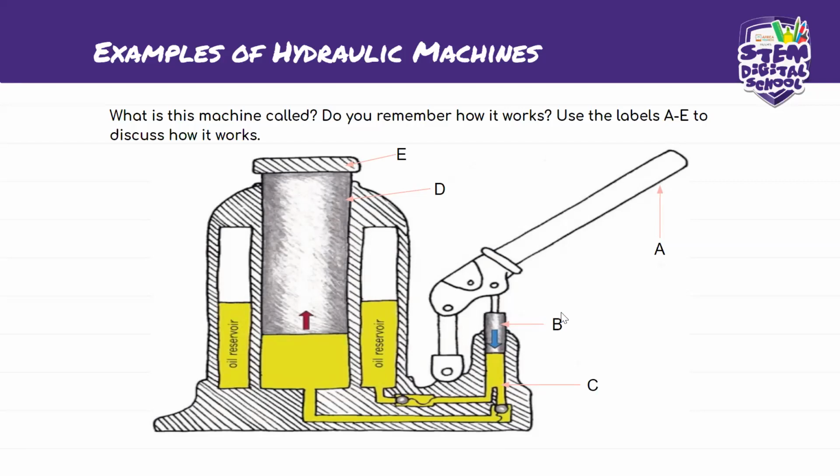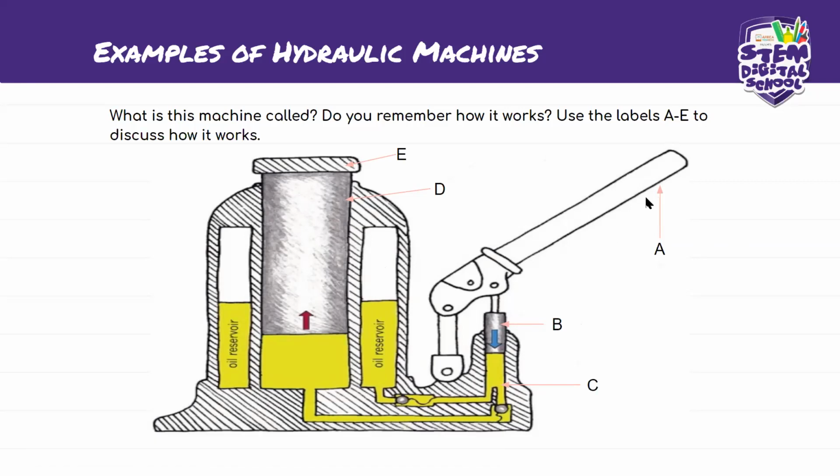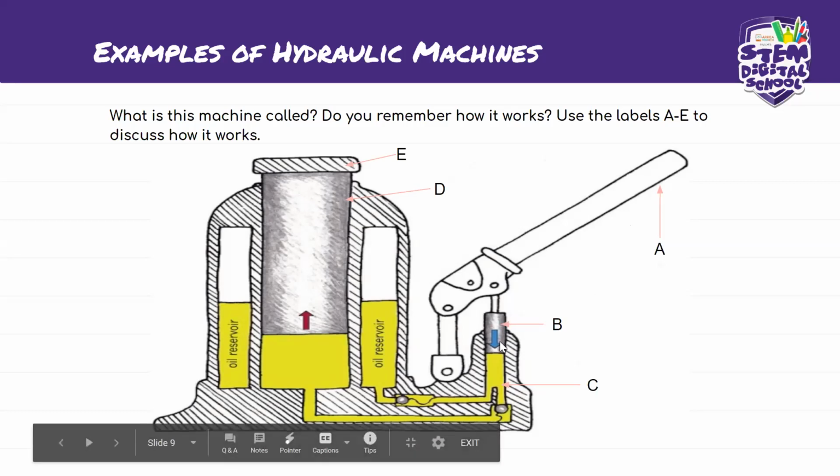Okay, let me take you back. We said A, you must first name the part and discuss what happens. You discuss the operation of this machine by naming and describing the function of these parts. This is the lever where the input, the effort, is. So the effort is to pump, push down the lever, bringing down the input cylinder.